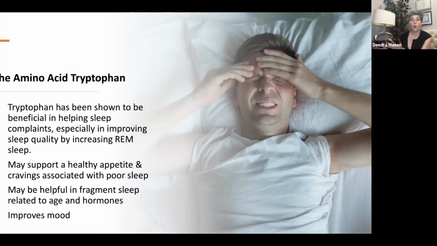L-tryptophan is really quite beneficial in running down some energy pathways. This is one of the reasons why it pairs very well with curcumin, because it's considered one of the necessary nutrients for the production of NAD in the body. And NAD in the body is all about mitochondrial function and longevity.